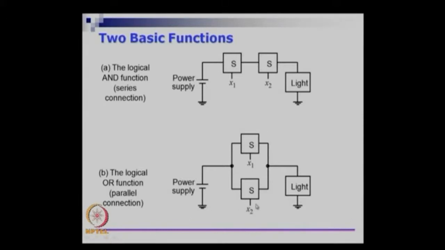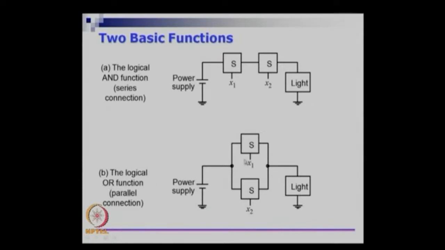If just X2 is on, then there will be a current through this. If both X1 and X2 are on, there will be current through both of them and the light will glow. So what we want is, in this setup, either X1 or X2 should be on for the light to turn on. This we will call the logical OR function.